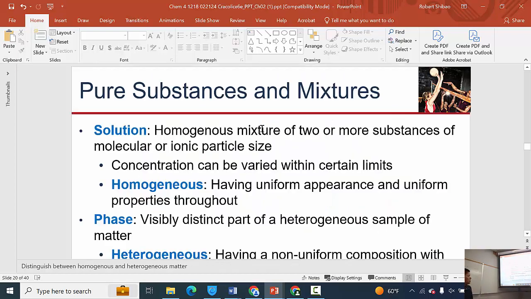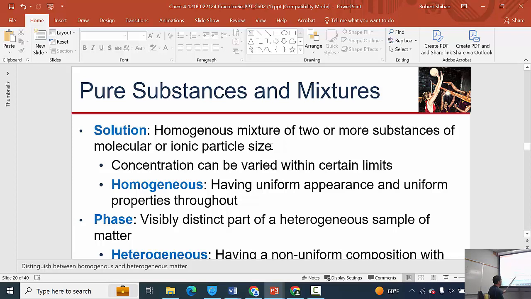Now, if a mixture is homogeneous, then we call it a solution. Solutions is a little bit out of order for me. Homogeneous mixtures are solutions. And then we could have homogeneous substances or pure substances, which would just be elements or compounds. Elements like bromine or compounds like water. Compounds are two or more different elements that are bonded together.